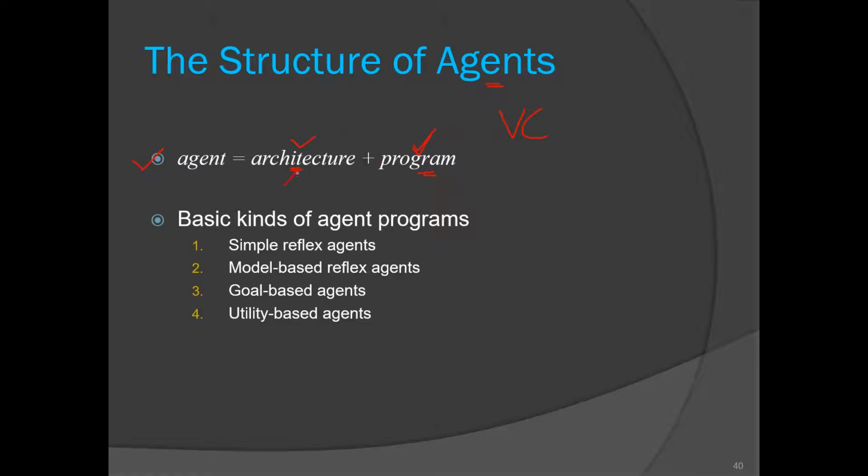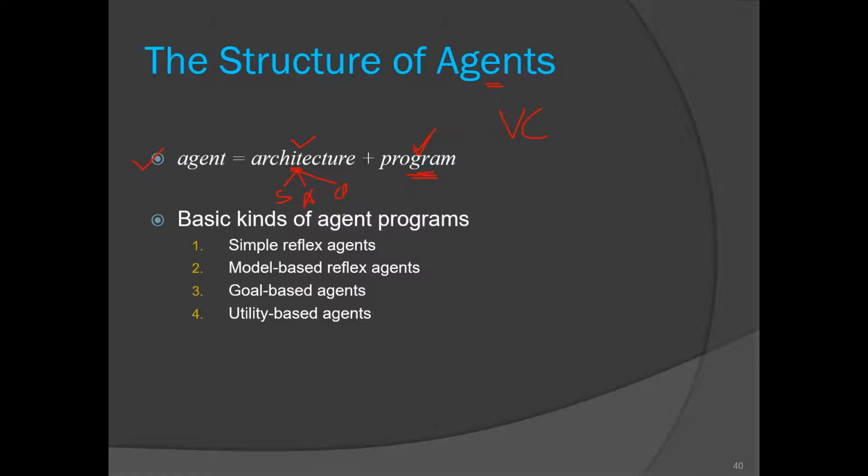So architecture equals sensors plus actuators plus computational power, and the agent is made up of hardware plus software. Hardware is known as architecture and software is the agent program, and this agent program actually implements the agent function, right?